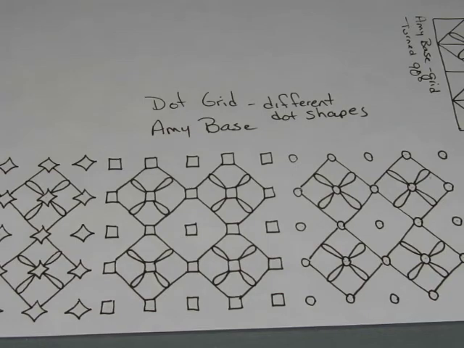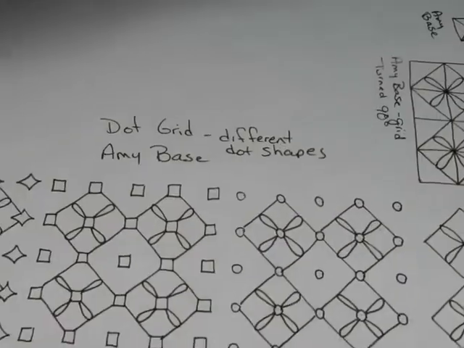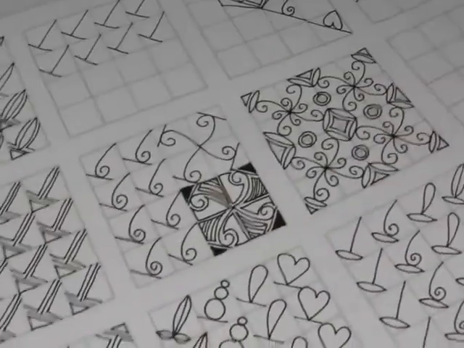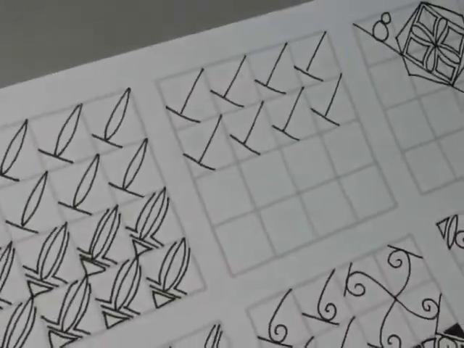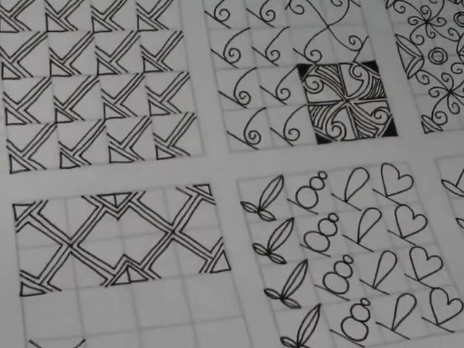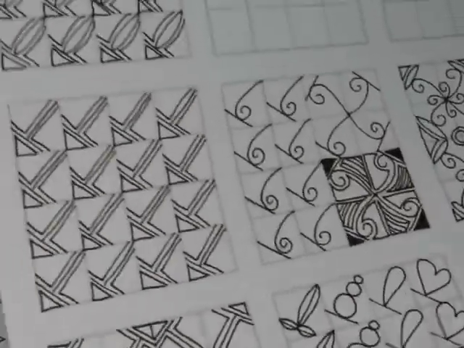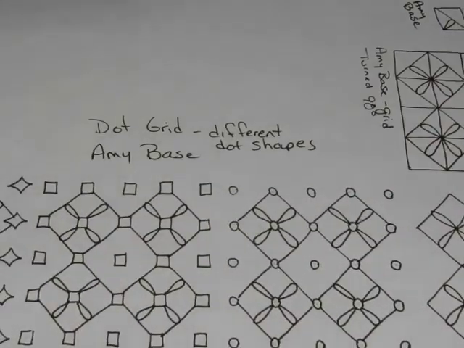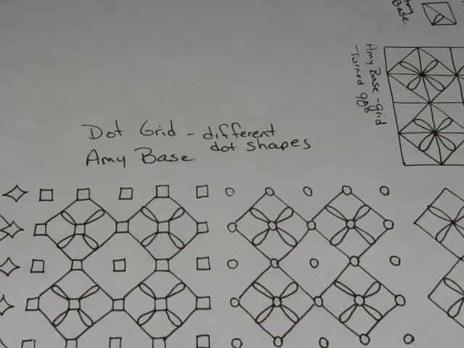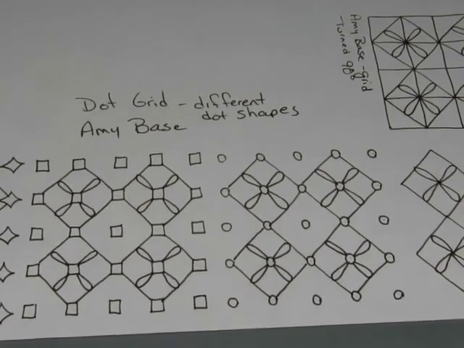Use something else. That's cool. Use one of these. Remember when we did these? Based on that T shape? You know, and then instead of making it a regular grid, put a dot grid. That would be fun too.